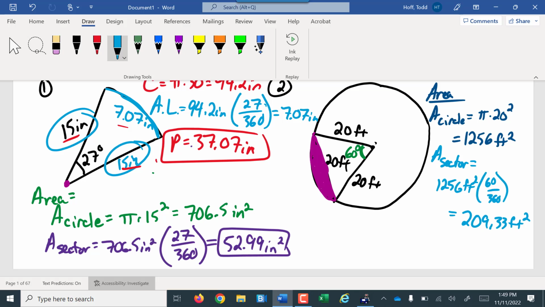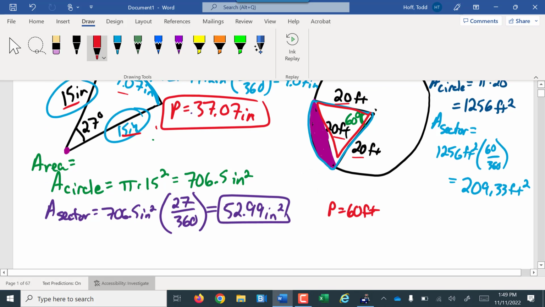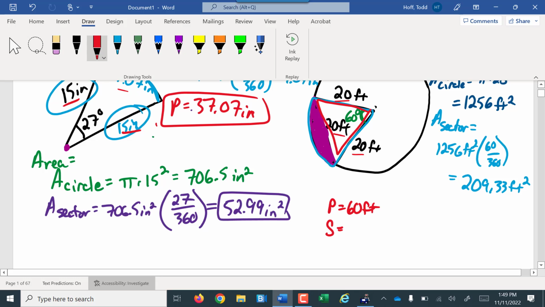Now, that's the area of the whole sector. That's this piece all the way outside. Let's subtract out the area of the triangle. To find the area of the triangle, the perimeter, where did I get 60 feet? 20 plus 20 plus 20. So that means we have a semi-perimeter, 30 feet.